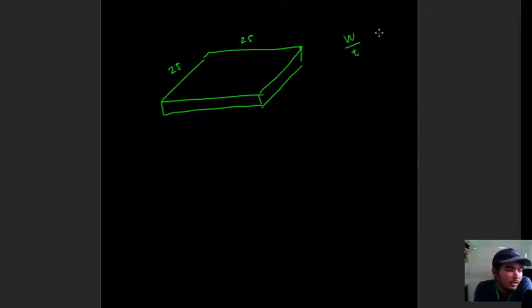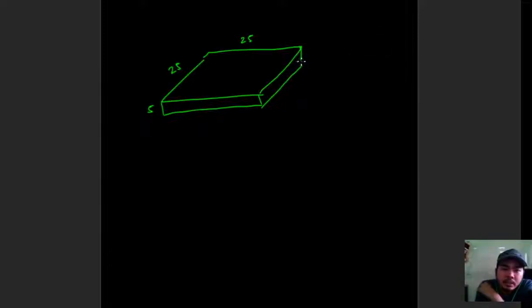If it's greater than 3, then this is considered a plate. But if it's less than or equal to 3, then it's a bar. Okay, so we have 5. This is definitely greater than 3, and therefore this is considered a plate, no?